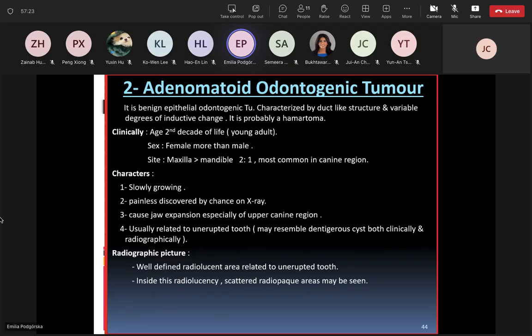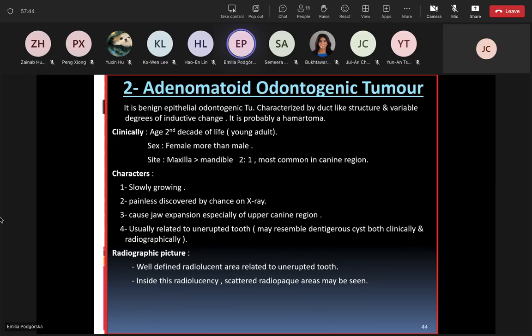Slowly growing, painless, discovered by chance on X-ray, with jaw expansion, especially of the upper canine region, usually related to an impacted tooth, and may resemble a dentigerous cyst both clinically and radiographically.